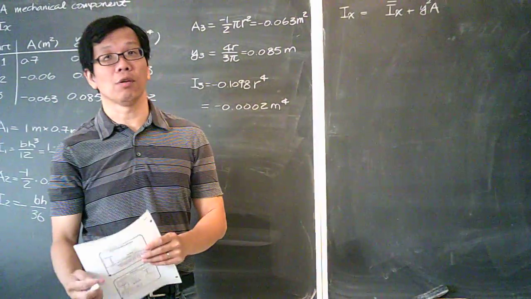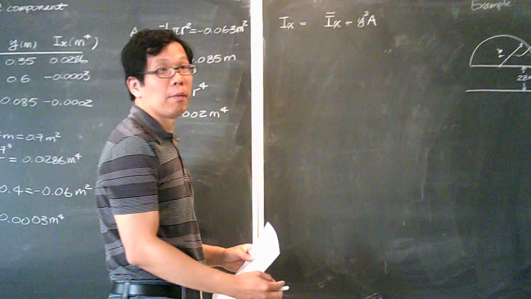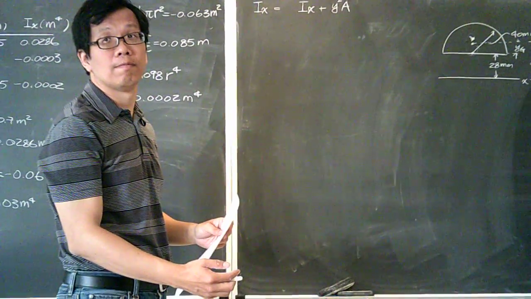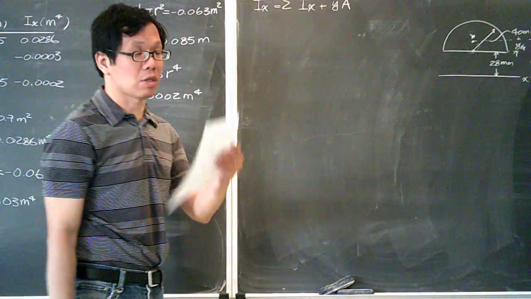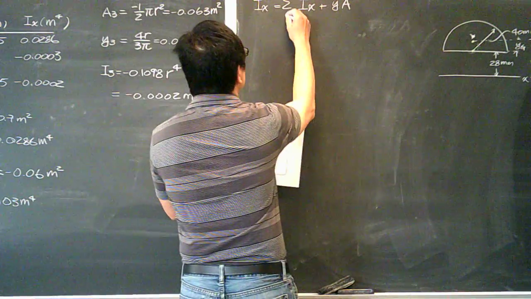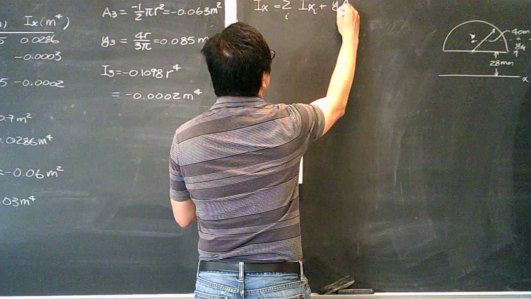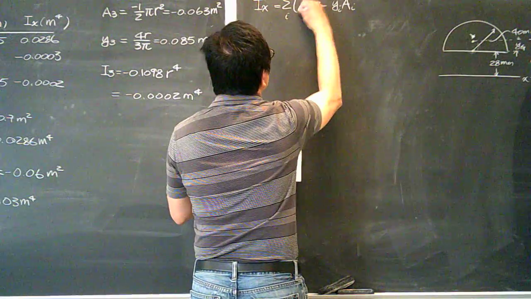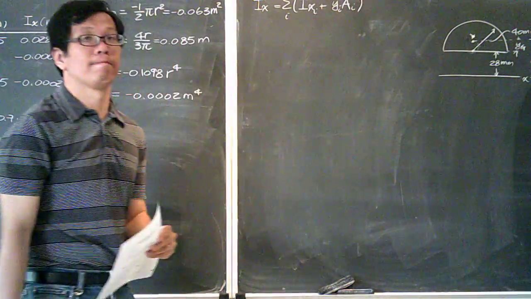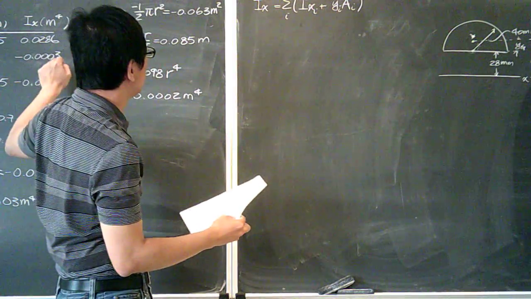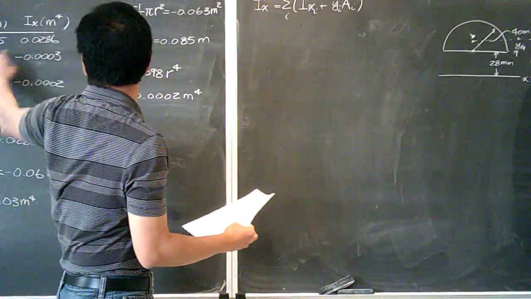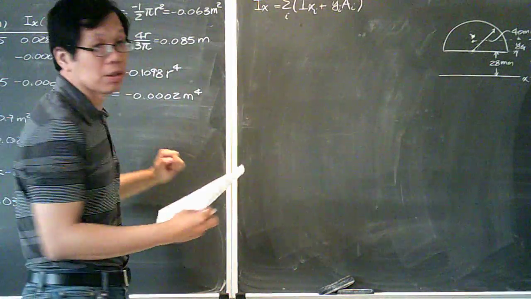If this is a single piece, but this time how many pieces are we talking about here? 3. So we need to add a summation sign in front of it. Okay, we know this thing based on the table. We know the distance based on the table. We know the area based on the table.